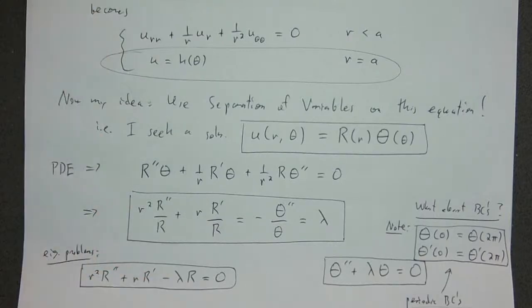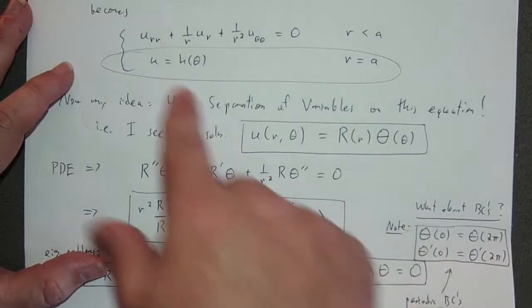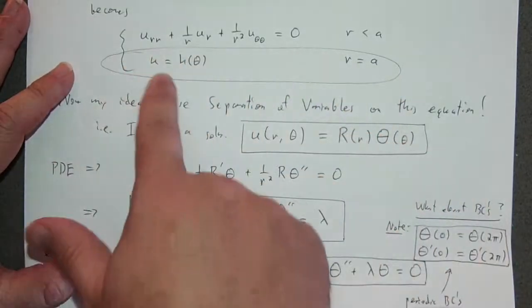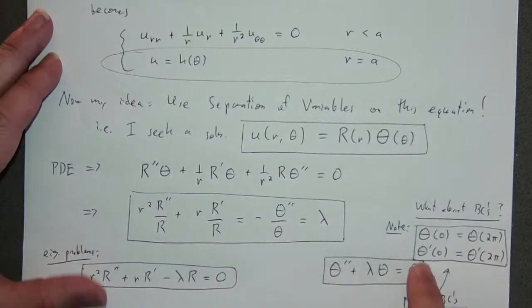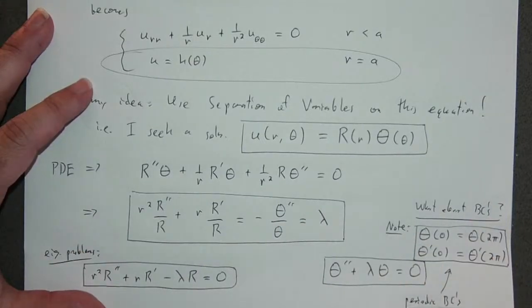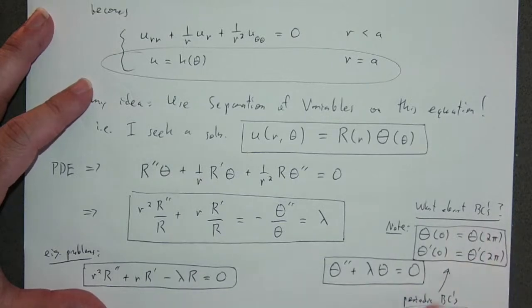We even did an example of Robin boundary conditions, where we had to approximate the eigenvalues. But in this case, we have this more complicated boundary condition, but the switch to polar coordinates actually imposes some implicit boundary conditions here, which are periodic boundary conditions. And periodic boundary conditions were on our list.